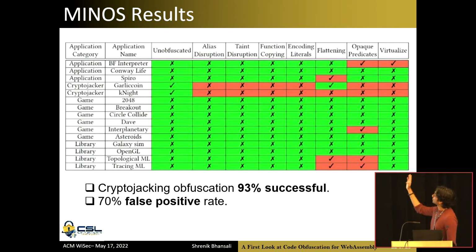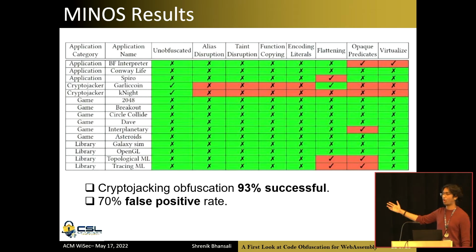But then once we obfuscated them, almost every single obfuscation technique bypassed Minos, meaning all of our cryptojacking malware, with the exception of one technique using flattening on one of our samples, was able to trick a previously 99% successful and accurate cryptojacking detector. Our cryptojacking obfuscation was 93% successful.